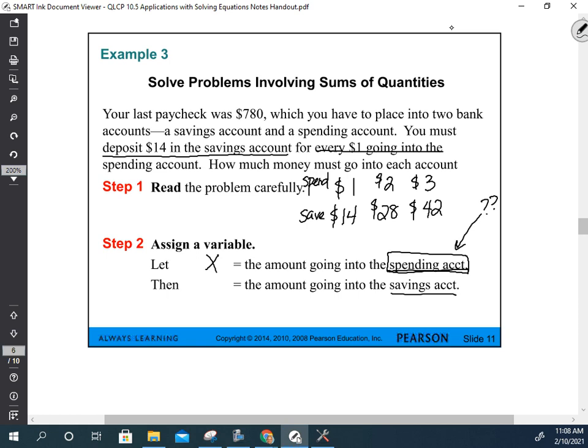So every time you go up $1, you have to save 14. That means your savings account is going to be 14 times the amount you're going to spend.